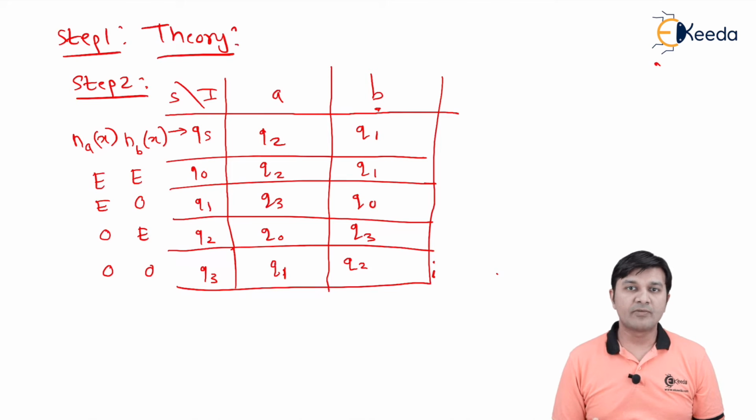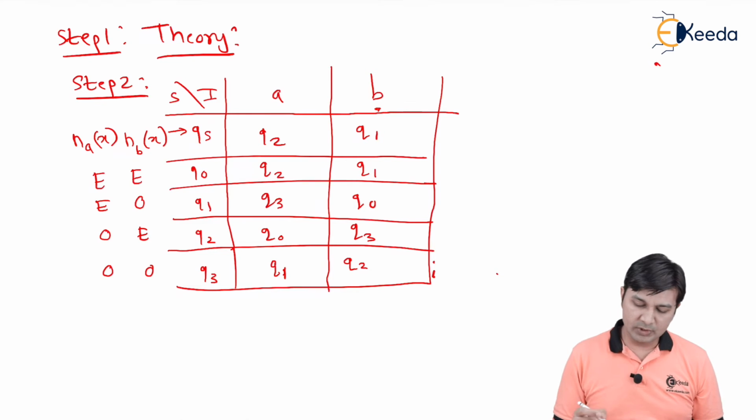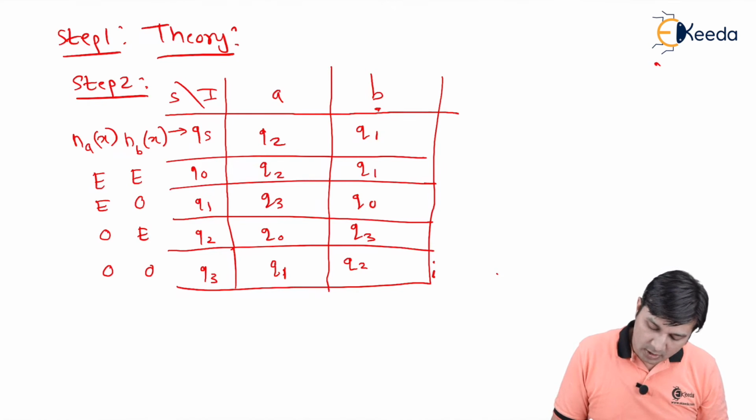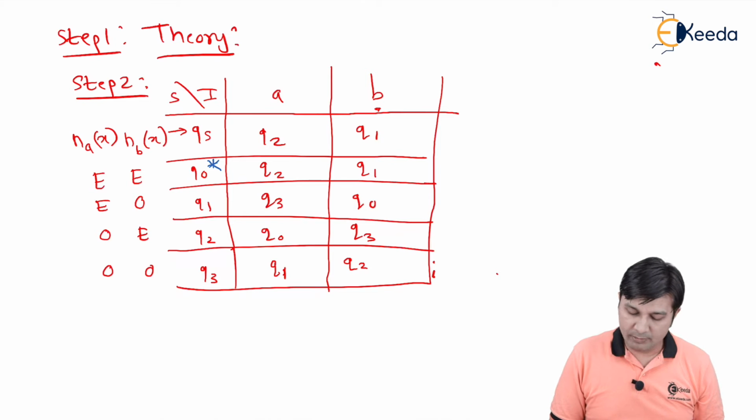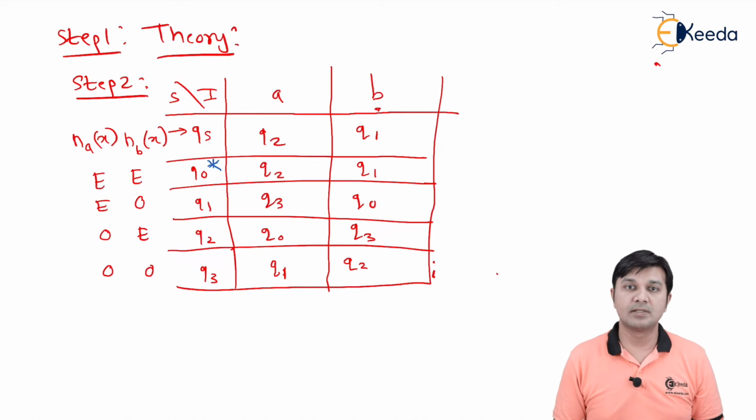Now it's time to mark the final states. What to mark as final state? If you remember our finite state machine, we used to clearly say that in Q0 the input is accepted because it is giving me an even number of A's and an even number of B's. However, over here I am going to go a step ahead. We are not studying finite state machine, instead it is going to be a DFA.